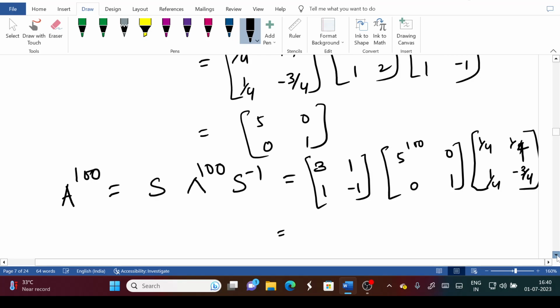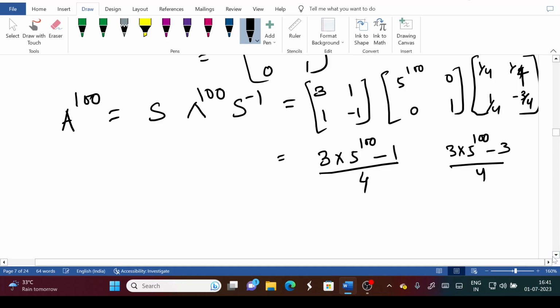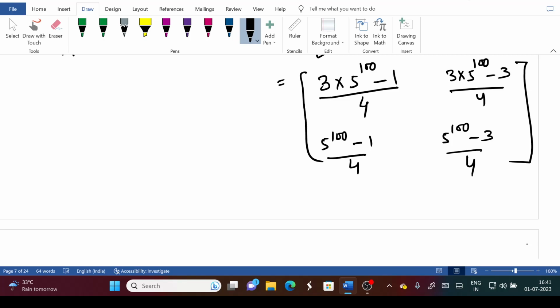After multiplication, it will give us 1 by 4 times [3 into 5 to the power 100 plus 1, 3 into 5 to the power 100 minus 3; 5 to the power 100 minus 1, 5 to the power 100 plus 3]. This matrix is our required answer.